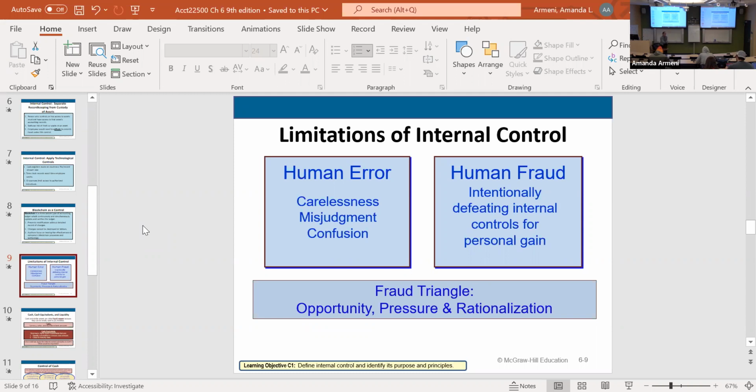If people are confused about their job responsibilities, if people misunderstand what their tasks are, you can go back after the fact and try to remedy that confusion, right? But someone being confused, someone making an honest mistake could happen in the course of business processes. It's a limitation. There's nothing that we can do with our internal controls that can prevent a human being from making a mistake.